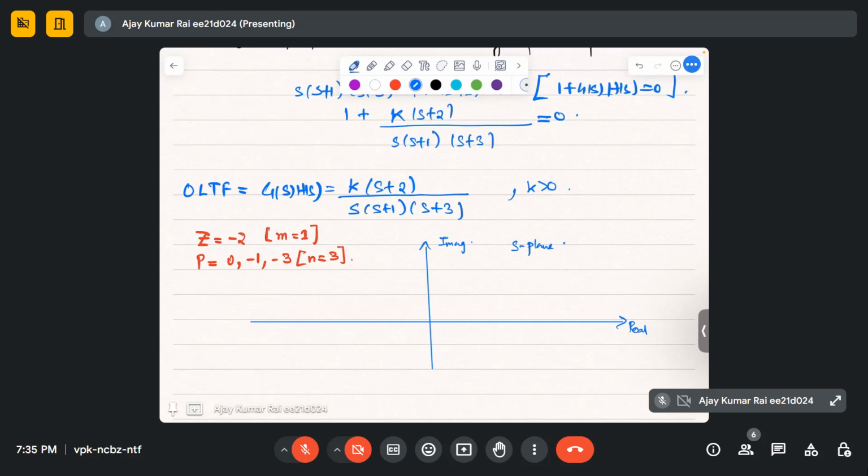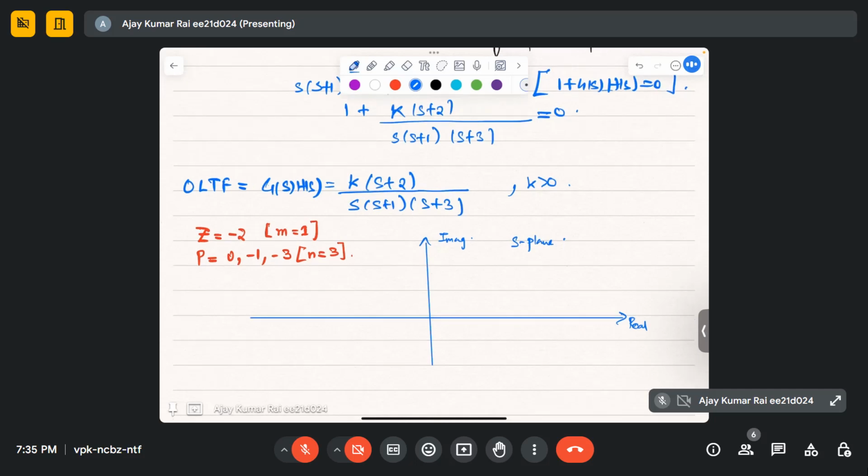So let's plot it. We have a pole at 0 marked by a cross, this is minus 1, and we have a zero at minus 2, and again a pole at minus 3. So we have plotted the open loop zeros and poles.